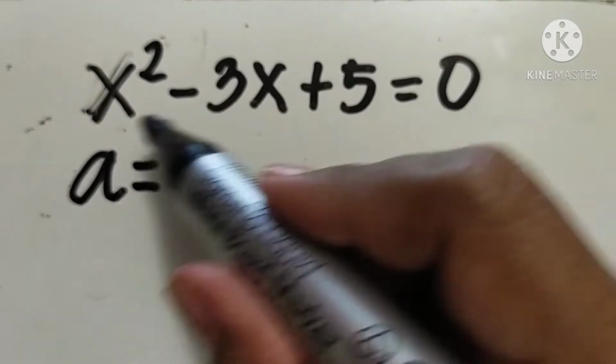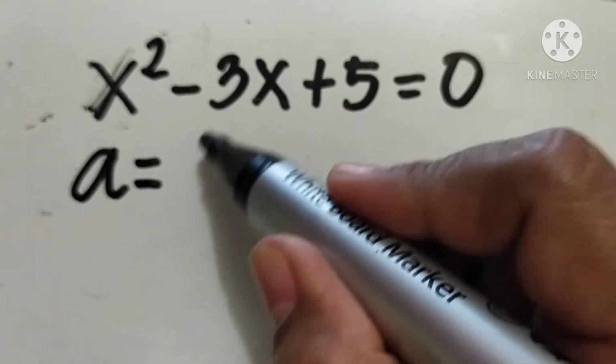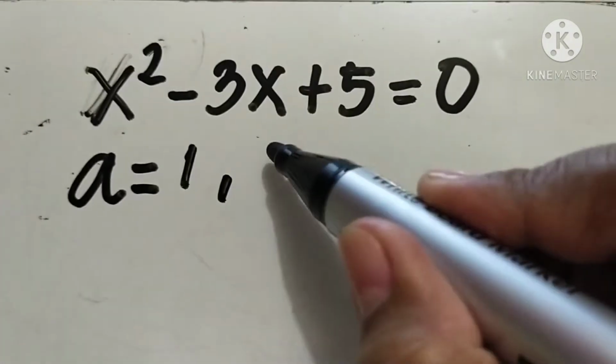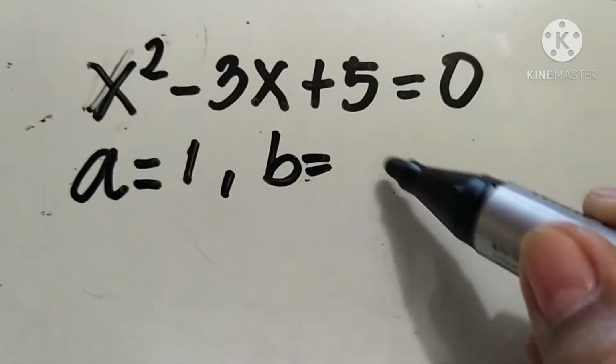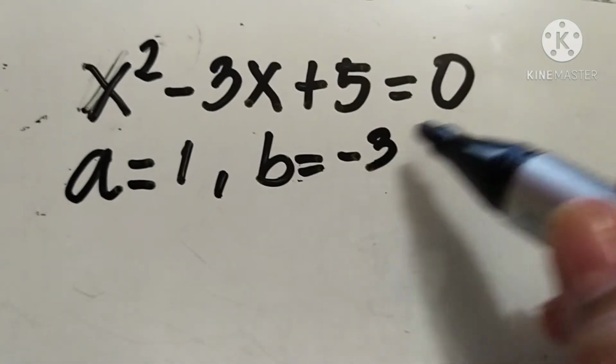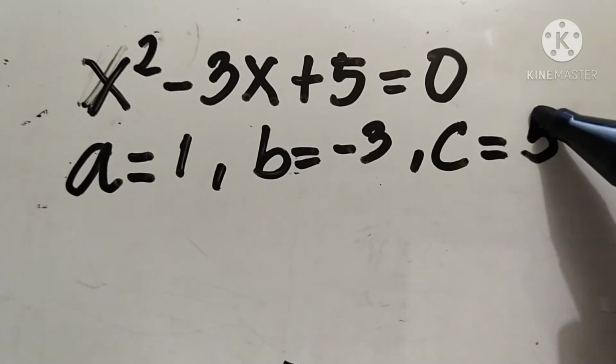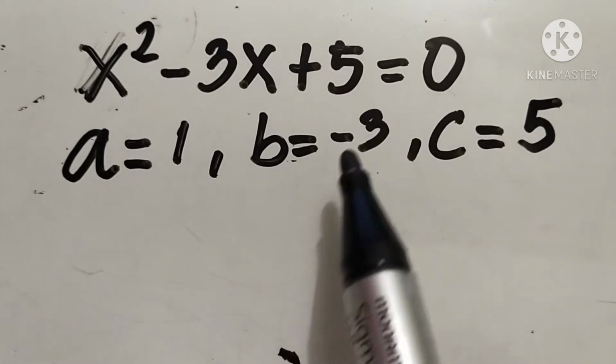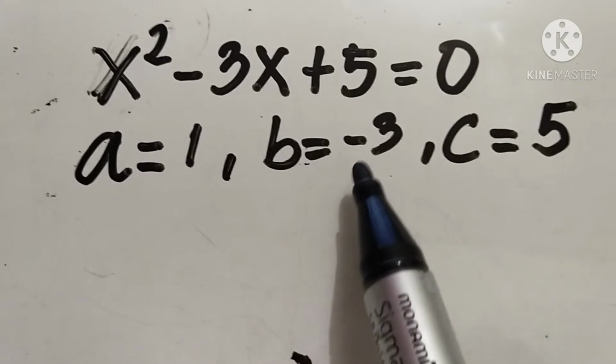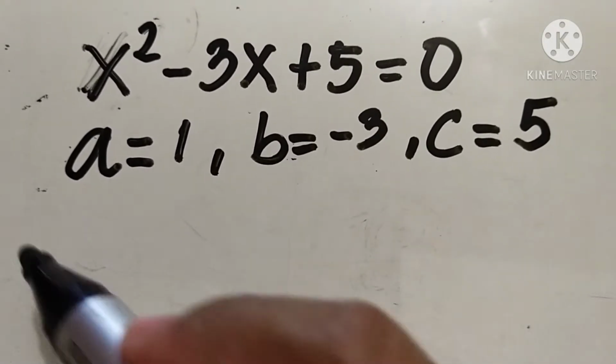So the value of a is understood 1. The value of b is negative 3, while the value of c is positive 5. So do not forget the signs because they are really very important.